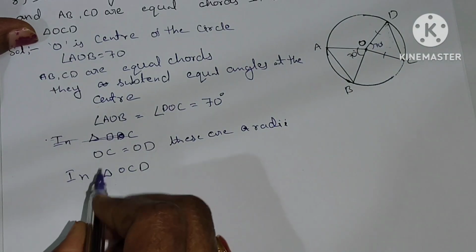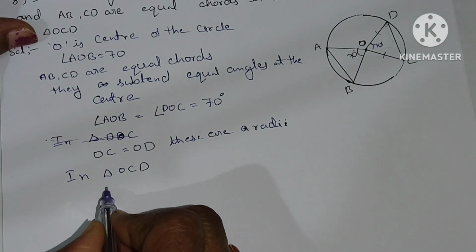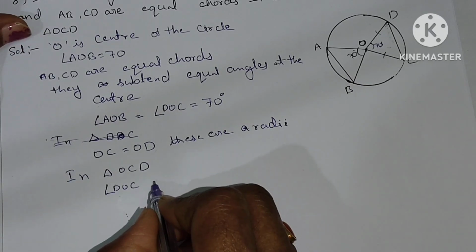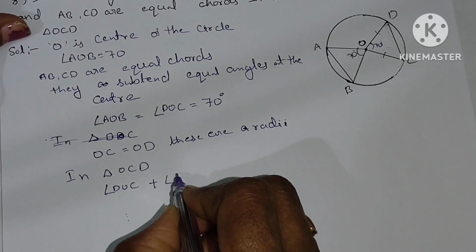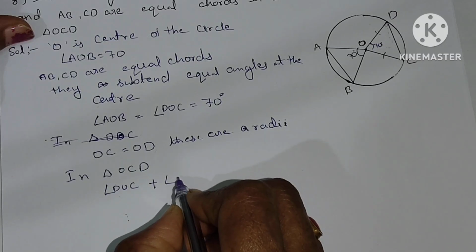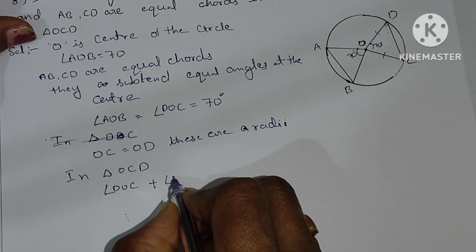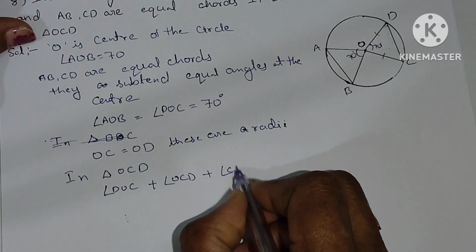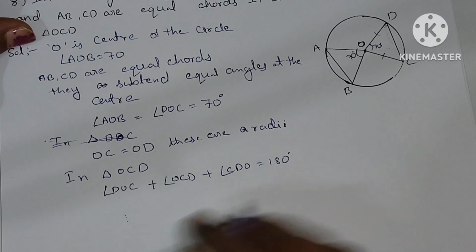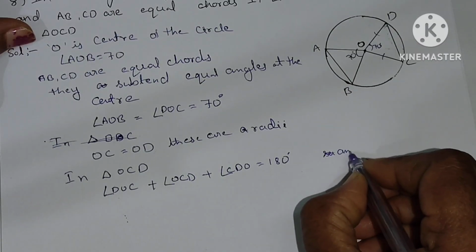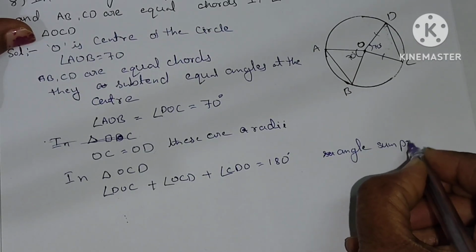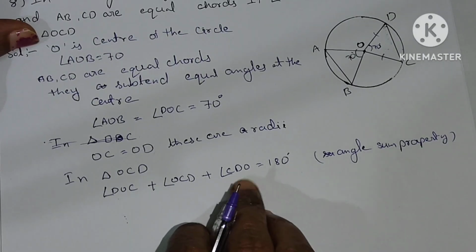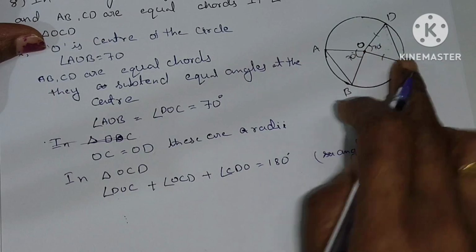By the angle sum property, we write angle DOC plus angle OCD plus angle CDO equals 180 degrees. This is the angle sum property in a triangle.